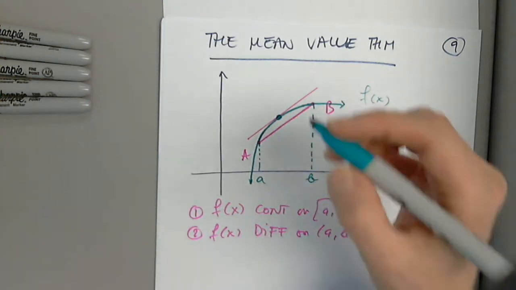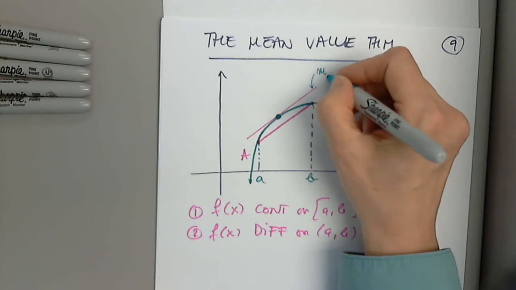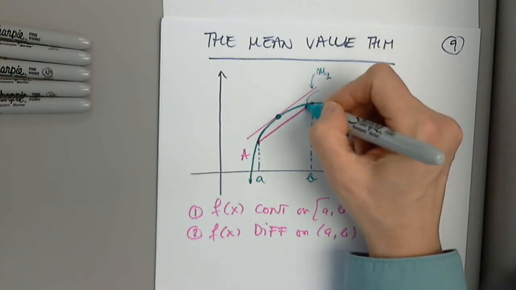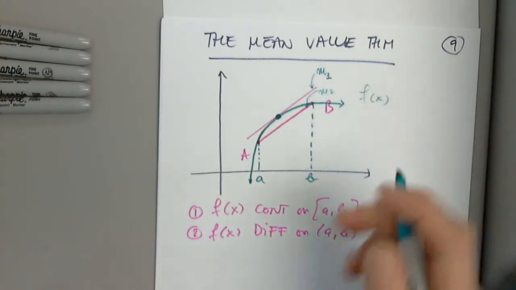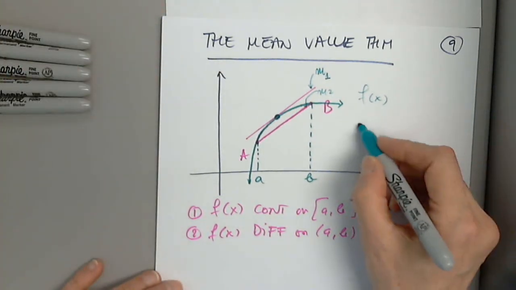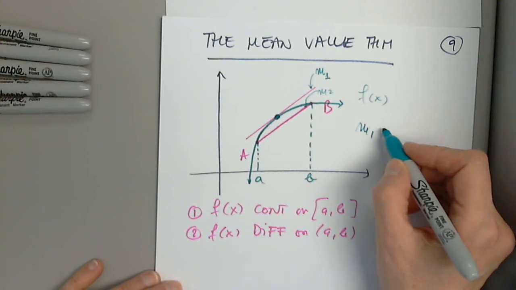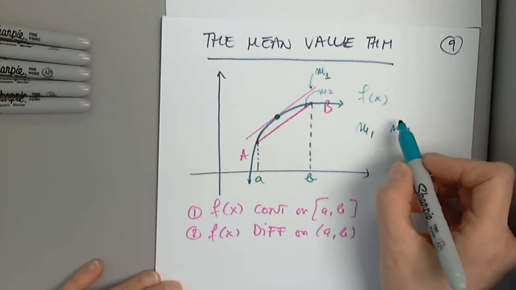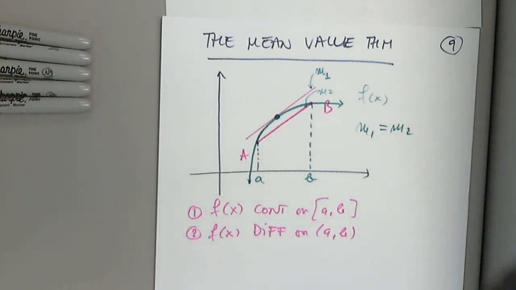Now, I hope you agree that the slope of this line, I'm going to call it m1, and the slope of this line, I'm going to call it m2. The way I drew the picture, obviously, m1 and m2 are the same, of course, because I drew parallel lines, right? And we know that parallel lines have the same slope. Agreed with that? Yes? Good.